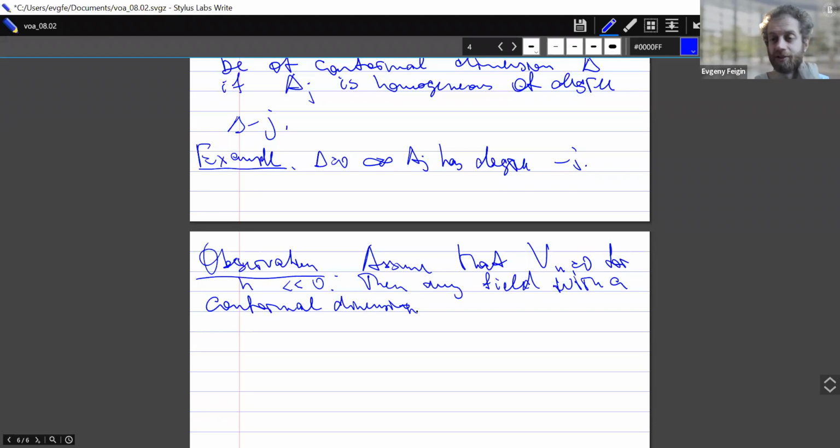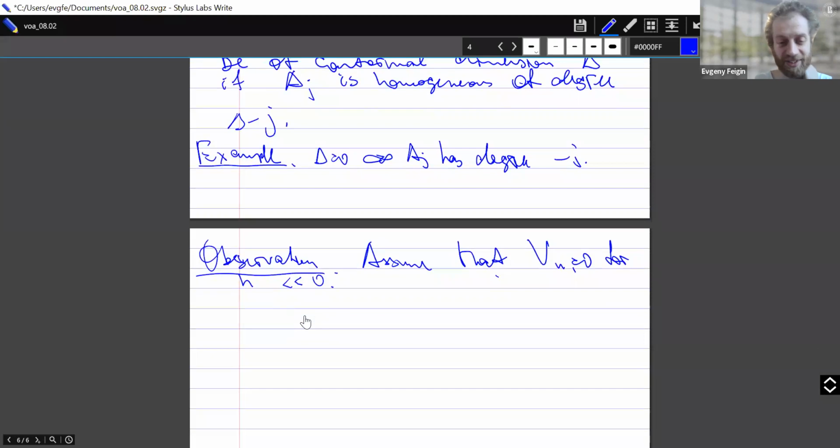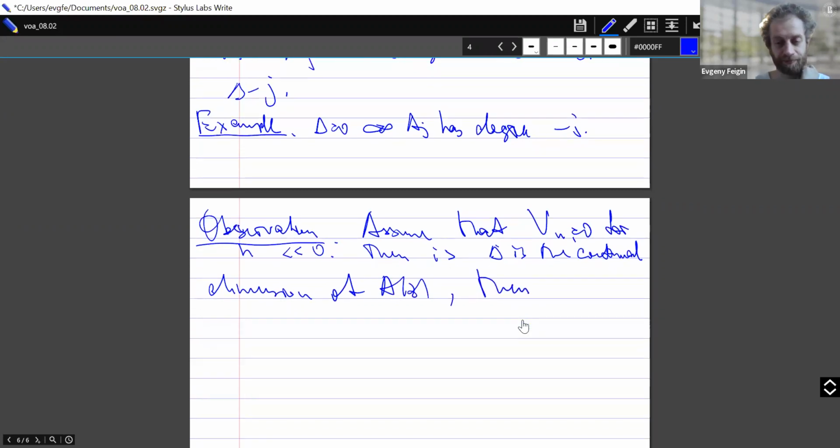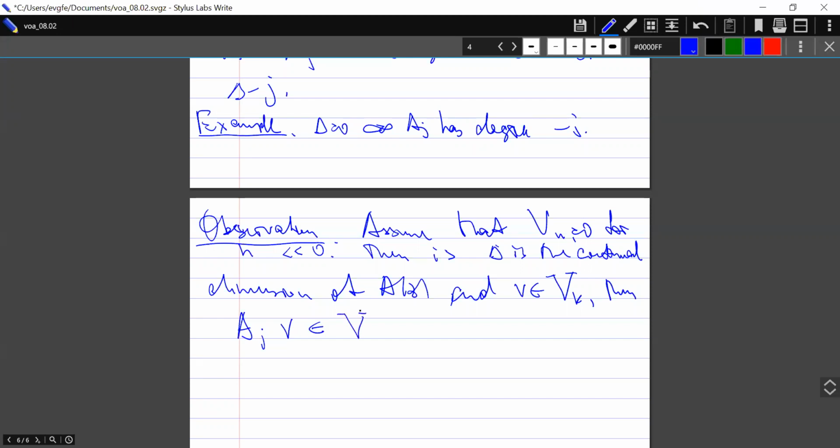Let me put it another way. If delta is the conformal dimension of A of Z, and v sits in V_K, then A_J of v sits in V_(K+delta-J).